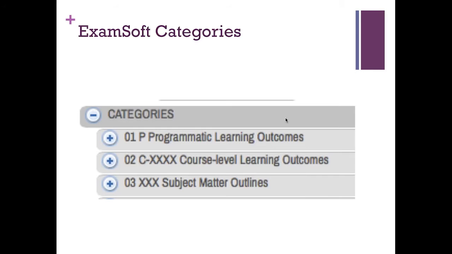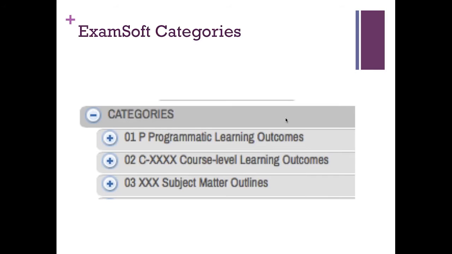They're tied to a programmatic learning outcome, which is institutionally developed. It's tied also to a course level outcome, which is developed by the individual professor teaching the course. And it's also tied to a subject matter outline.